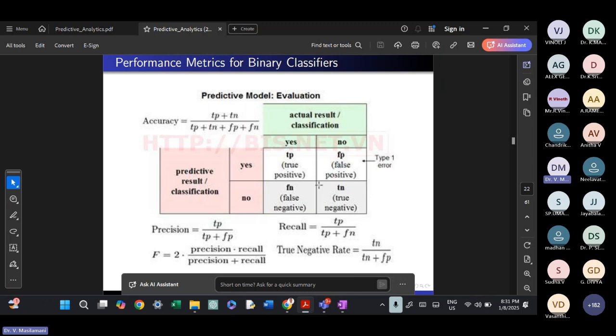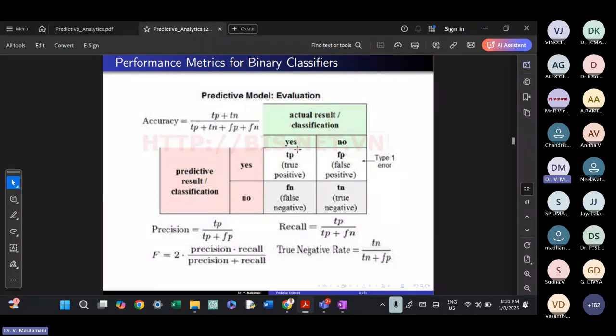Suppose the prediction matches the ground truth, that is called true positive. Where the prediction says yes but the ground truth says no, that is called false positive, right? It is predicted as positive falsely. Similarly, when the ground truth is yes but the prediction is no, it is called false negative. And when the ground truth is no and the prediction is no, it is called true negative.